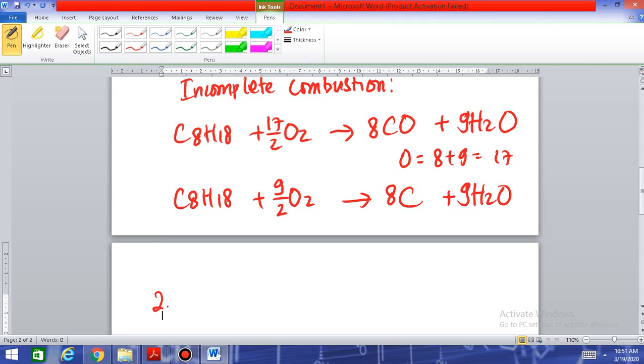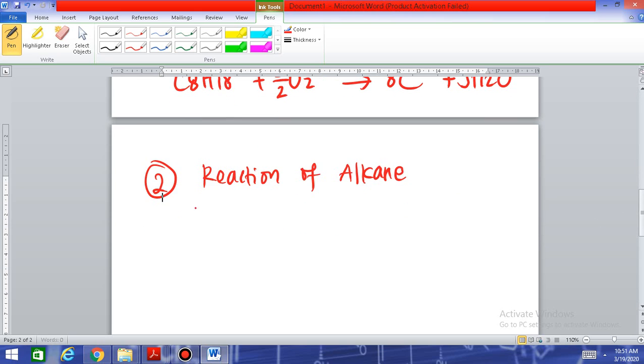Next, we go to reaction of alkane. This is a substitution reaction between alkane and halogen.